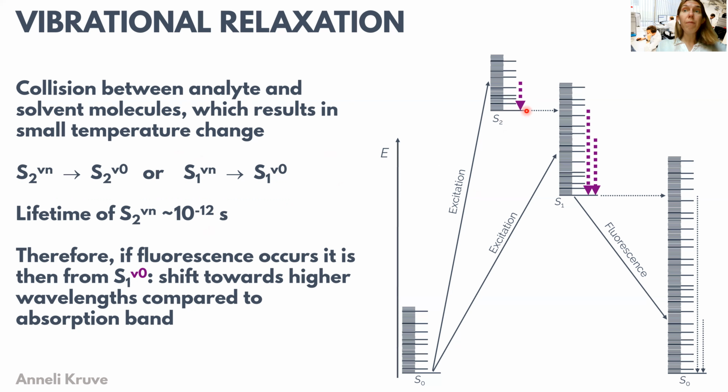And this means that if fluorescence happens, for example here, when the molecule is excited from S0 first to S1 V5, for example, then immediately the molecule returns to S1 V0. And if fluorescence is following this process, then the fluorescence is happening from S1 V0.